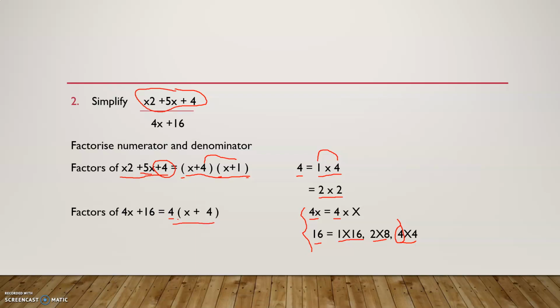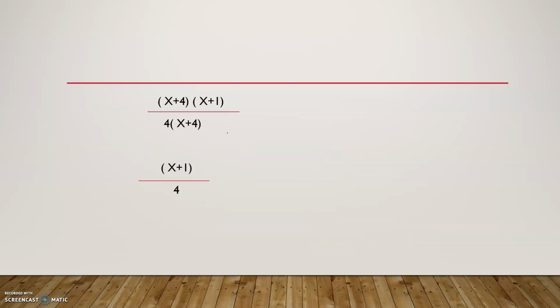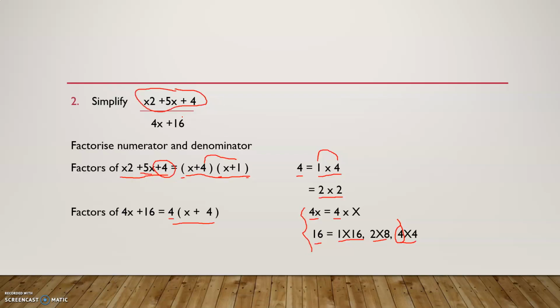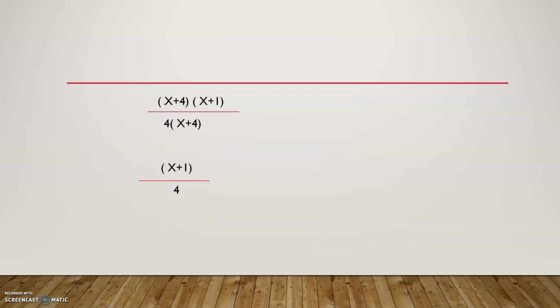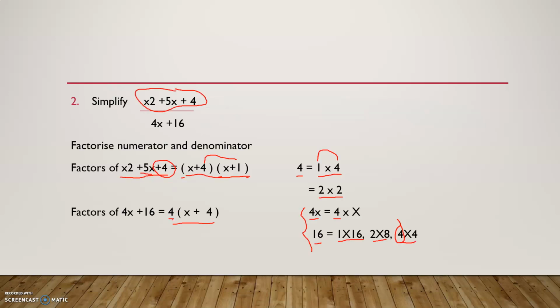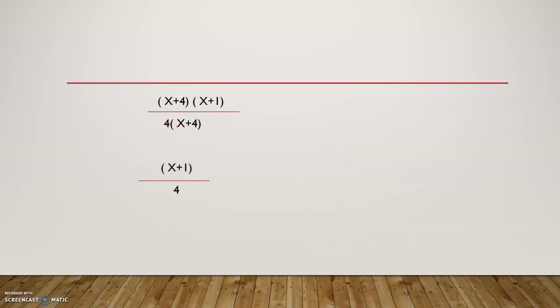Now we substitute these simplest forms into this fraction. At the top we have (x + 4)(x + 1), and at the bottom, instead of 4x + 16, we have 4 times (x + 4).